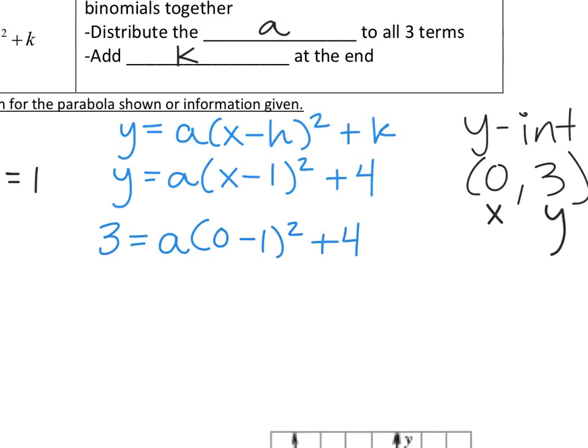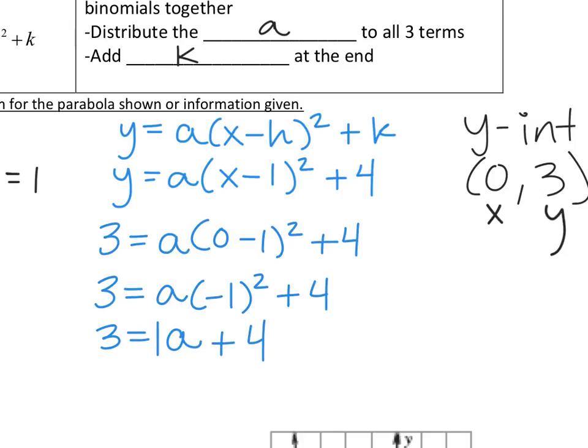Let's go ahead and solve it out. 3 is equal to a times negative 1 squared plus 4, which is 3 equals 1a plus 4.